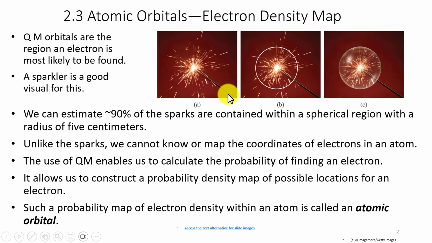Your book mentions a sparkler, so let's talk about this because we're all familiar with it. If I light a sparkler, it's brightest right at the tip, right? And if I liken that to where the nucleus is found, then if I draw a circle about 5 centimeters from the center, the nucleus, and then draw a sphere around it, all around three-dimensionally, I will find that 90% of the sparkler is contained within that sphere.